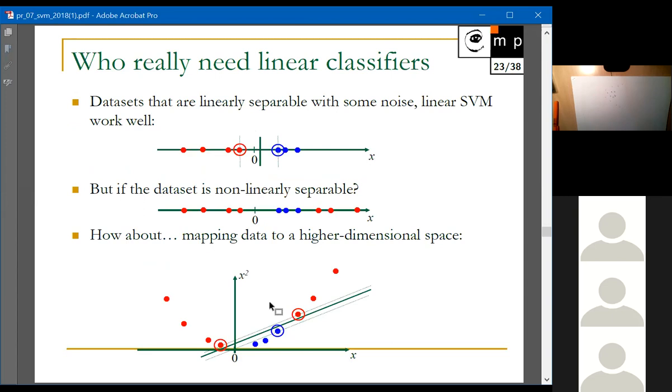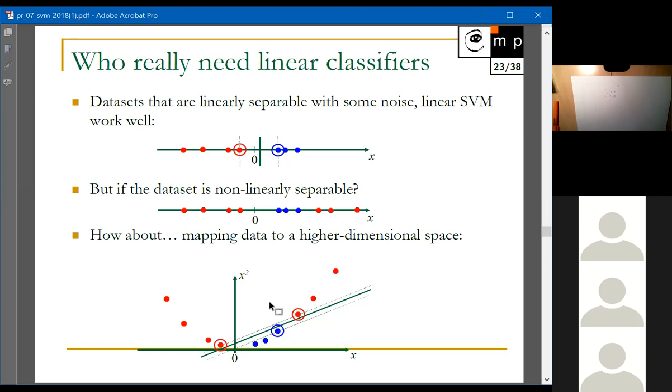For the first problem, red on the left, blue on the right, there is a linear classifier, which in 1D is the threshold function, or actually a thresholded linear function, signum of a linear function.